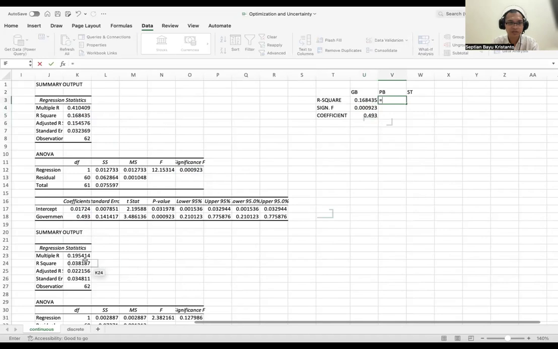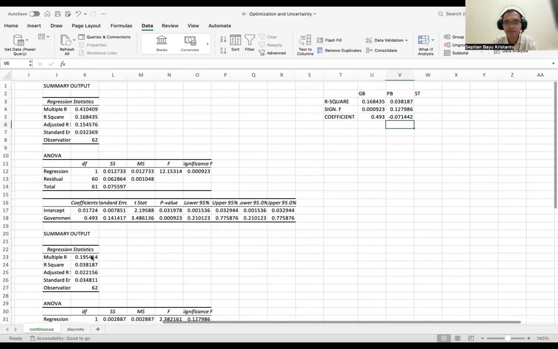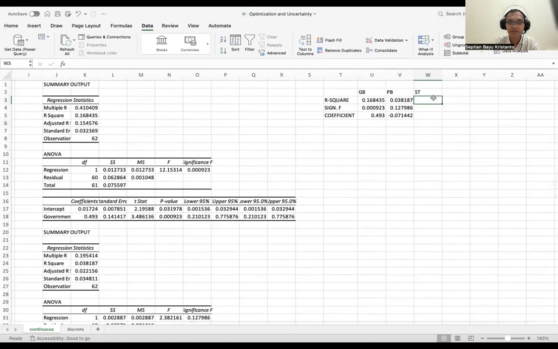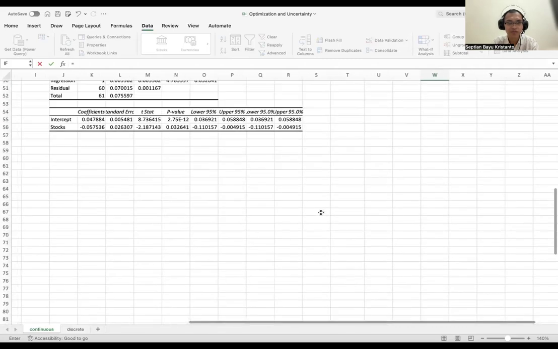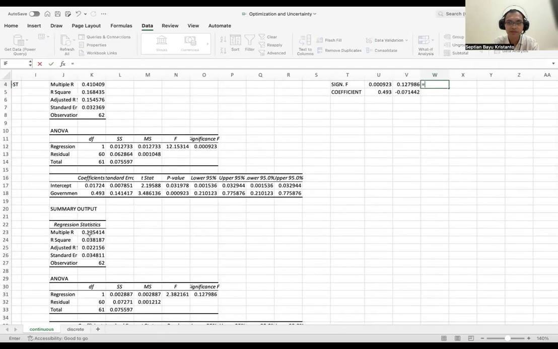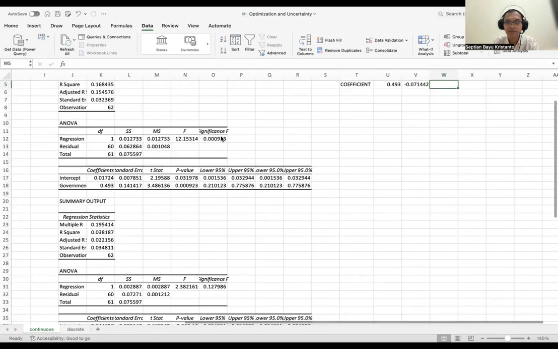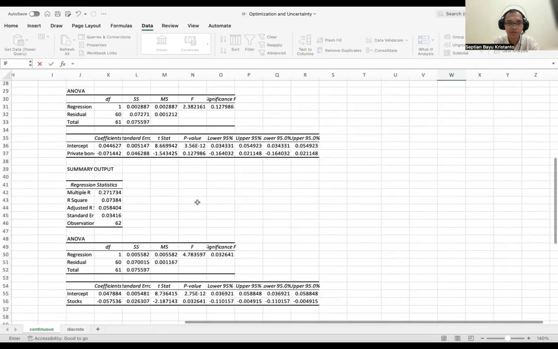For private bonds, we have the R square, the significance, and the coefficient. How about this one, the stock? The stock has the R square, the significance, and the coefficients.